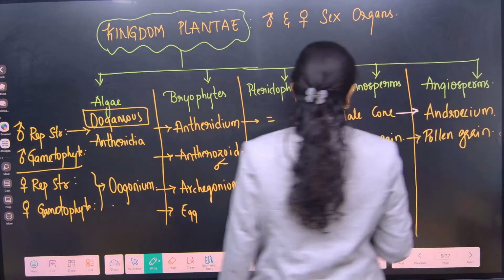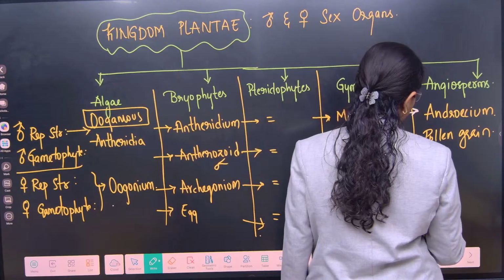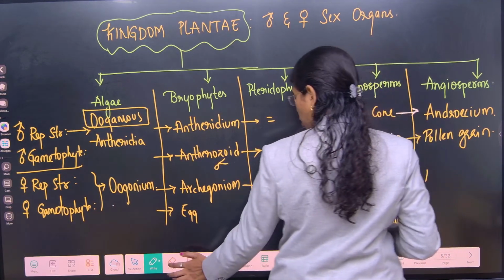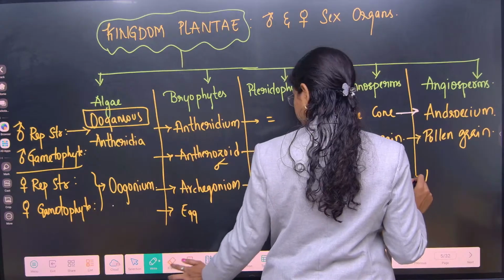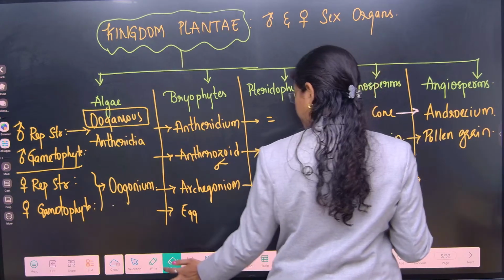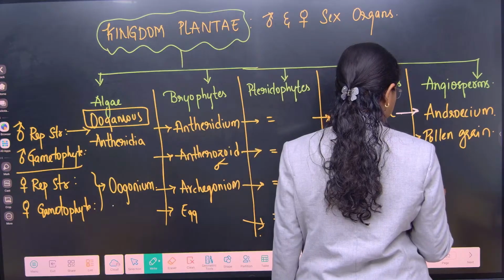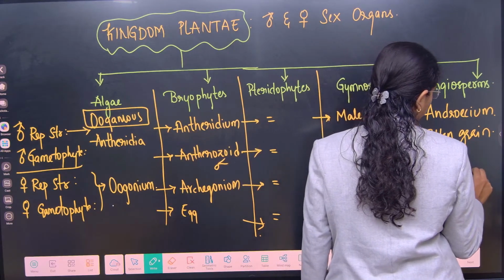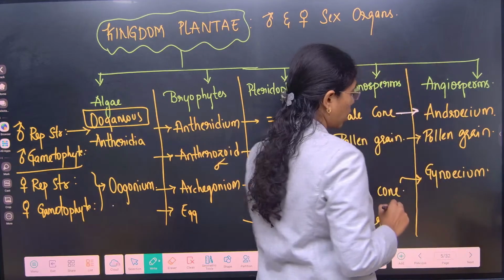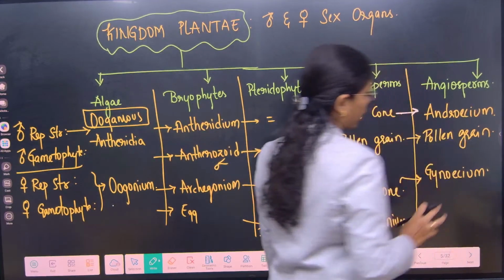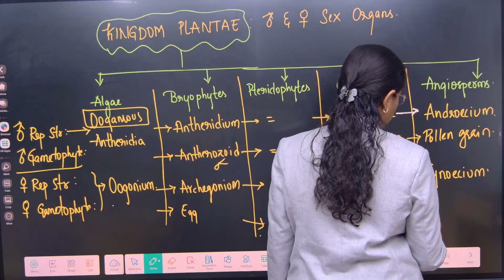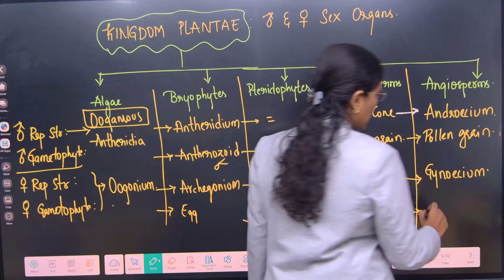Female reproductive structure includes pistil or gynoecium, and the egg cell is present, and the female gametophyte is the embryo sac.